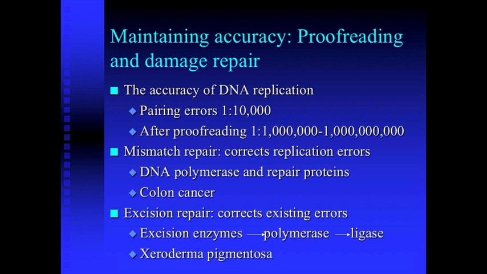So that mispairing chance is 1 in 10,000. Correction, once it's occurred, by DNA polymerase reduces the error rate to 1 in a million to 1 in a billion, all right? And what's left then is the spontaneous mutation rate.